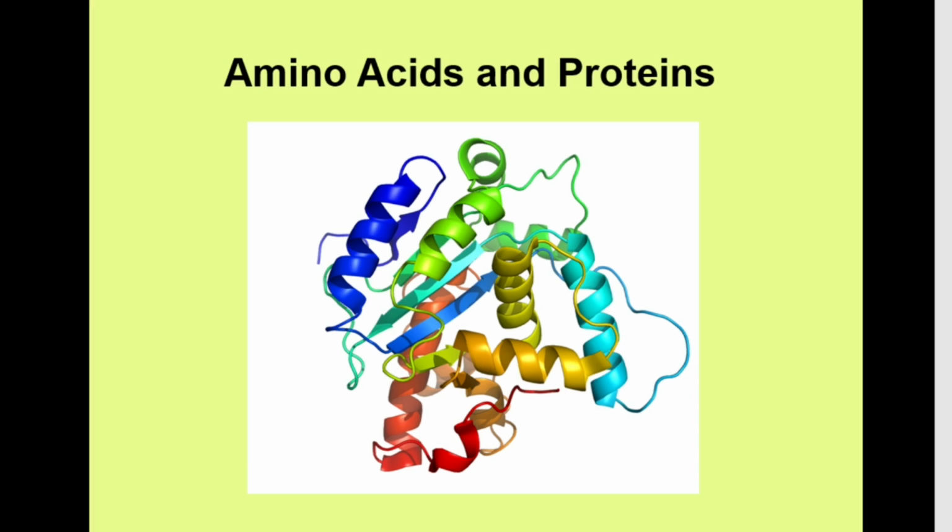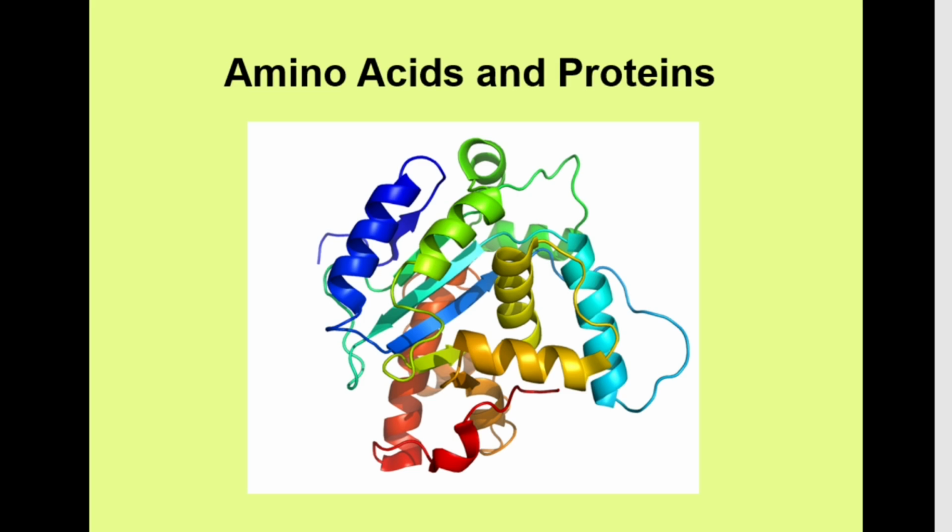What you can see here is a three-dimensional rendering of a protein, and it's a really, really complicated structure. Proteins tend to be big molecules, and they have a very specific three-dimensional shape. It is this shape or structure that determines their function.